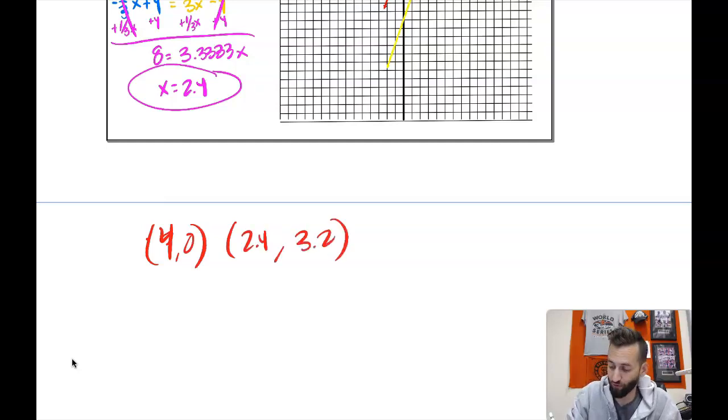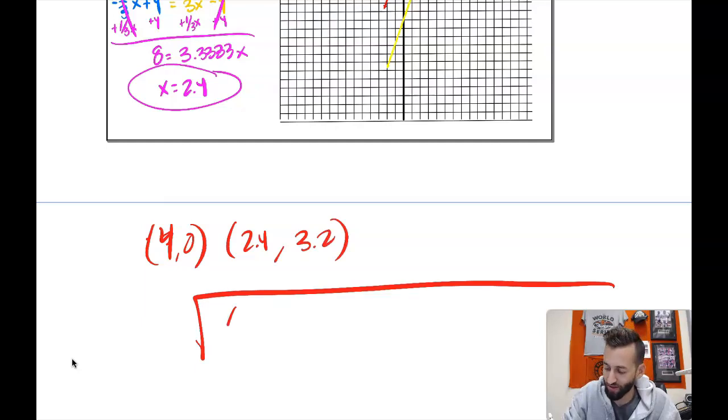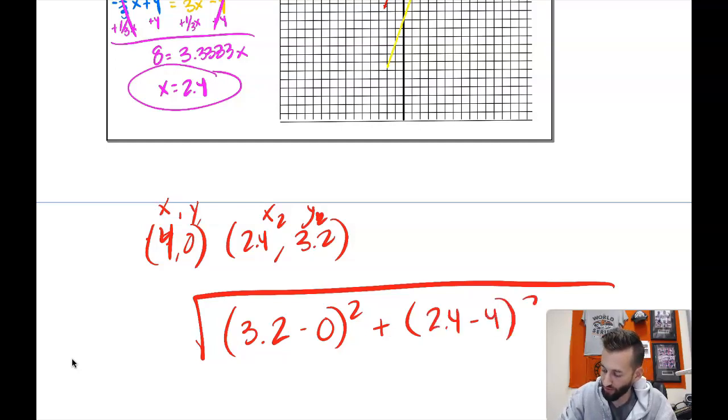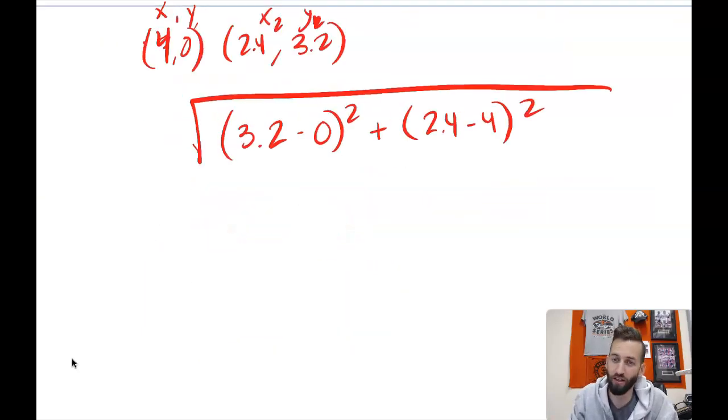I'm using the distance formula. And I'm going to let you guys plug in. You guys can do this. 3.2 minus 0 squared plus, x1, y1, x2, y2, 3.2, oops, sorry, x2, 2.4 minus 4 squared. Okay, and punch that in calculator, by hand, however you want to do that.